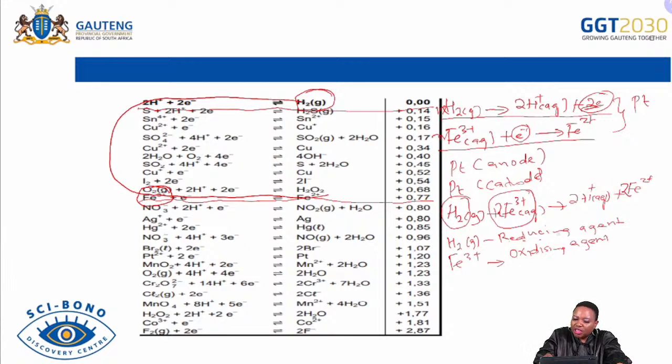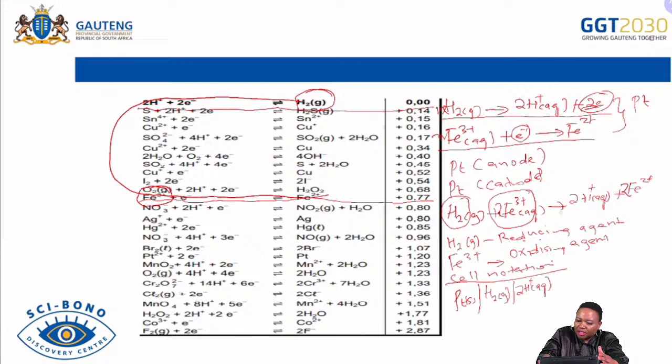For our cell notation, we now need to represent what it is that composes the cell. And we know that we start with our electrodes, and our electrodes will also be at the end. So our cell notation for this reaction will be platinum solid, then phase boundary, H2 gas, then phase boundary, 2H+ aqueous.